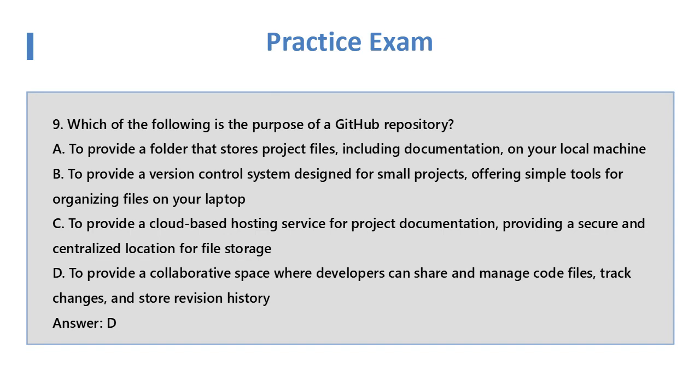C. To provide a cloud-based hosting service for project documentation, providing a secure and centralized location for file storage. D. To provide a collaborative space where developers can share and manage code files, track changes, and store revision history. Answer: D.